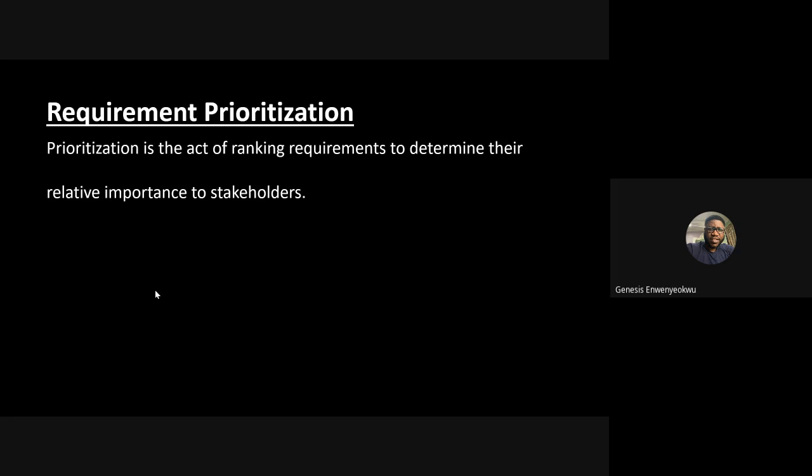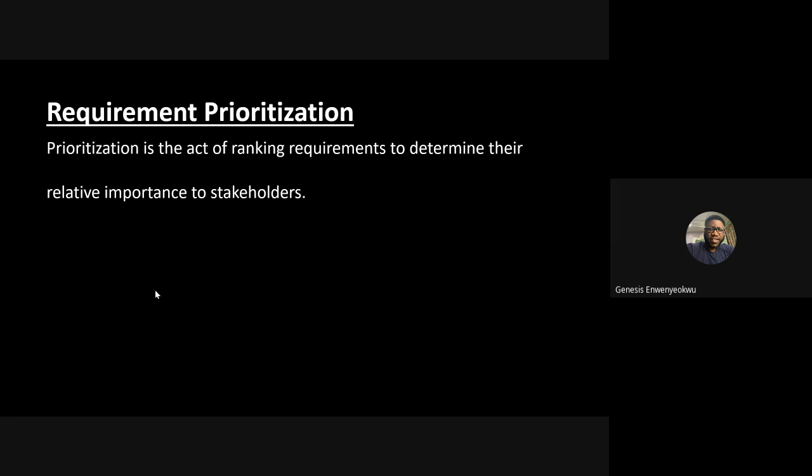Prioritization basically is the act of ranking requirements to determine their relative importance to stakeholders. It's not a matter of ranking requirements because we feel this should come first or not. We basically rank them in the order of relative importance to stakeholders. Why do we need to rank them in relation to what stakeholders value, right?